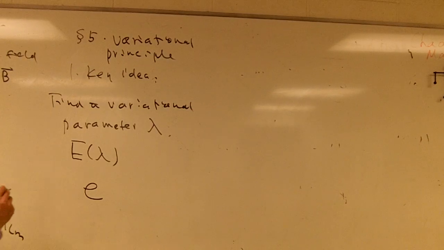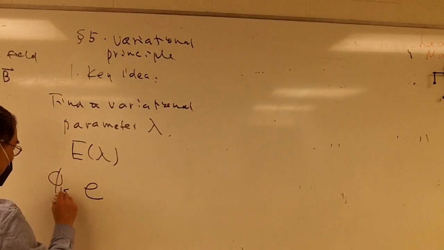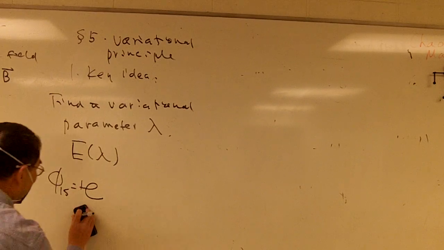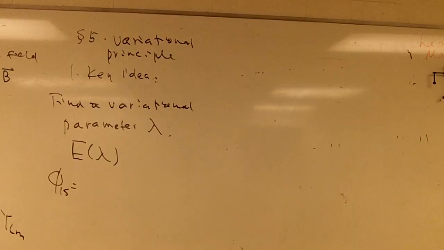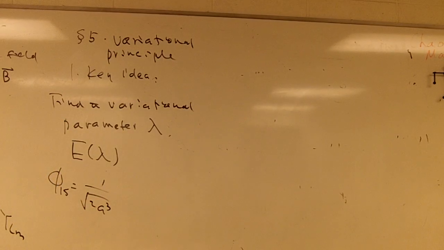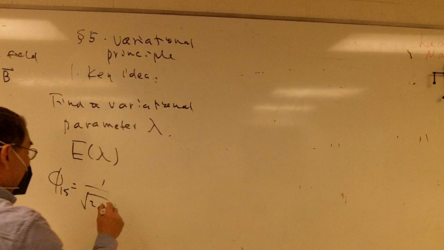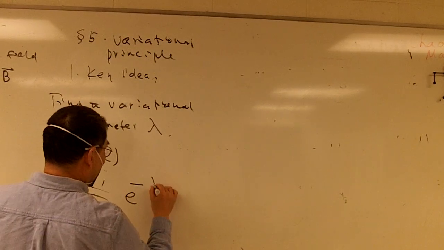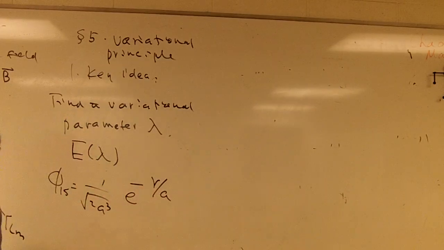Suppose my s orbital, you remember, let me write it a little better. The s orbital we already wrote over there. So 1 over square root of pi a cubed, like this. And so e to the, now on the top, I normally have r divided by a, right? That is what we have.